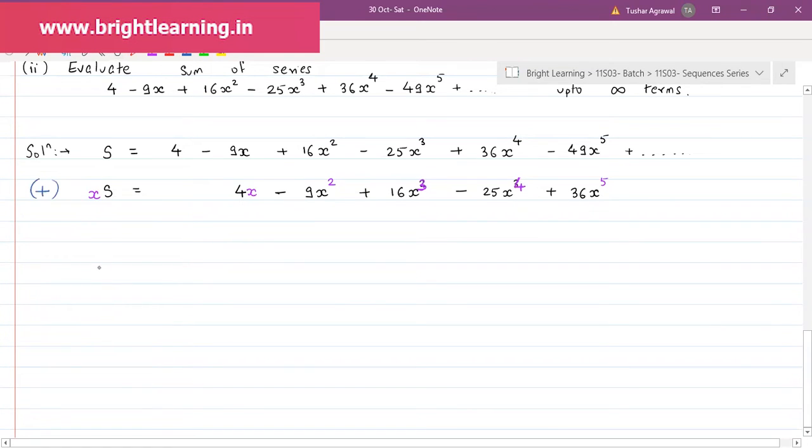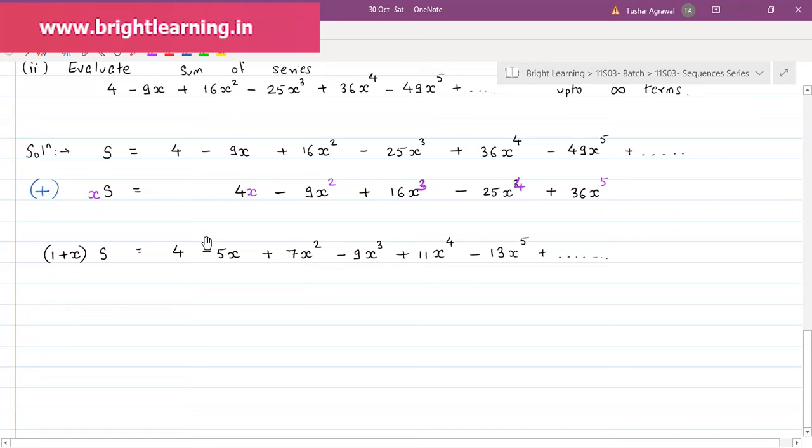If I do the addition, it turns out to be S into 1 plus x equal to 4 as it is, minus 9x plus 4x is minus 5x, plus 7x square, minus 9x cube plus 11x to the power 4 minus 13x to the power 5, and so on and so on.